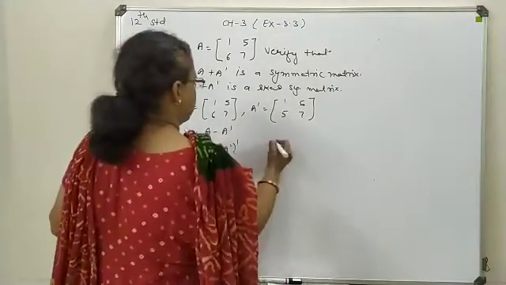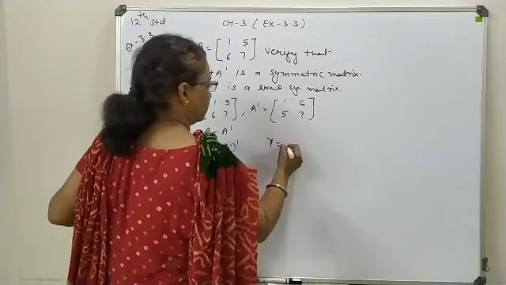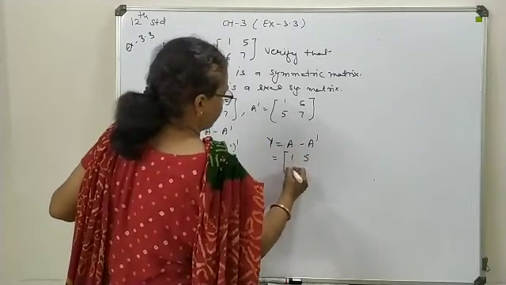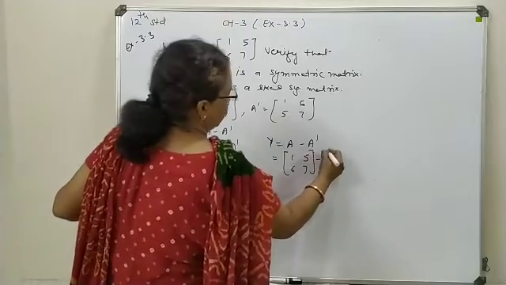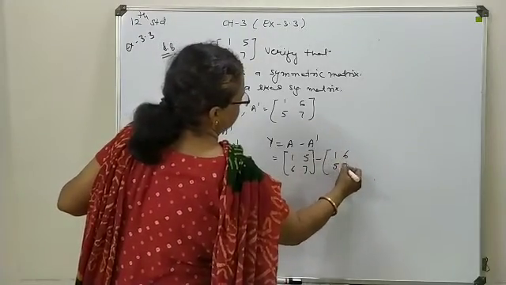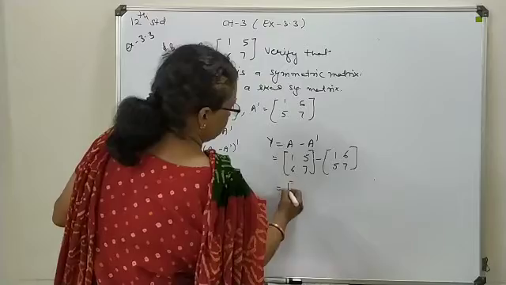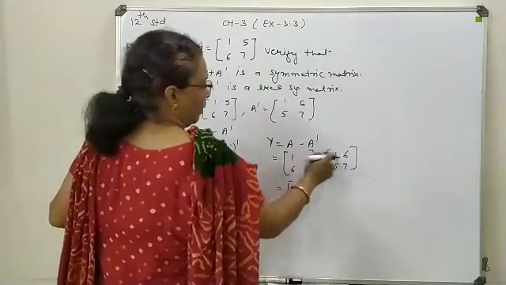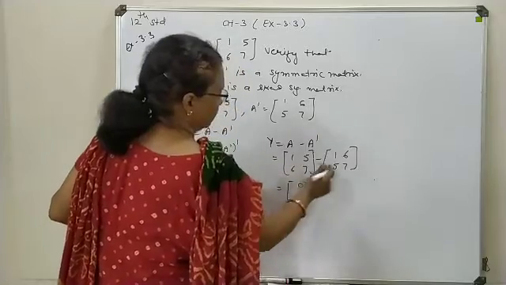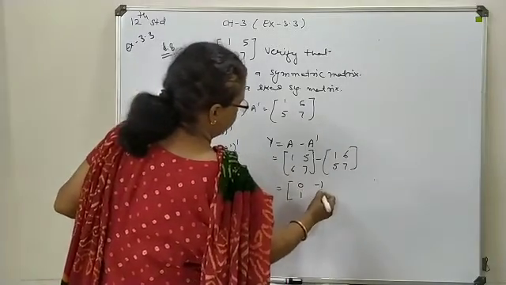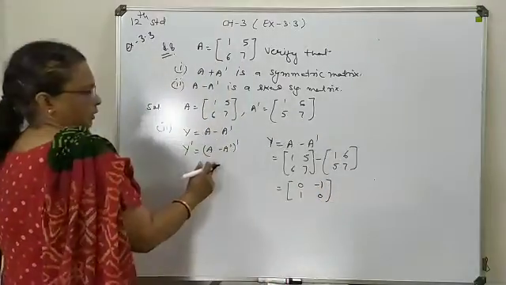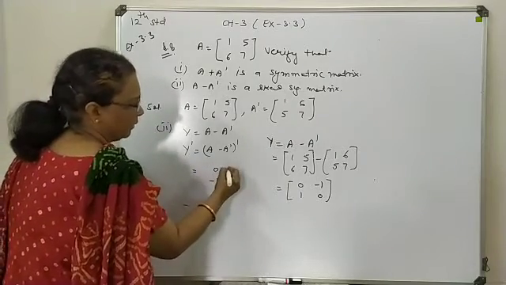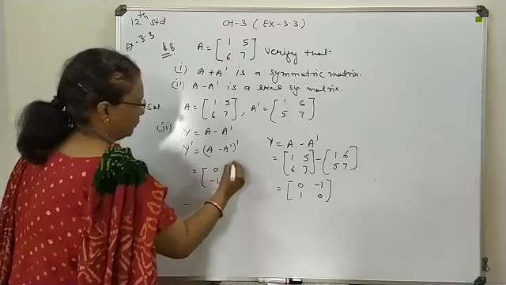So before that we just make it subtract, that is 1, 5, 6, 7 minus 1, 6, 5 and 7. Make it subtract, it will be your 0, minus 1, plus 1 and 0. Write its transpose form, that is 0, minus 1, 1 and 0.